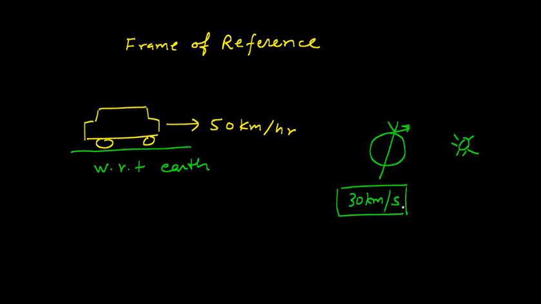Just make a note. So if you are at the Sun or close to that, your speed will not appear as 50. Rather, the speed of the car will be 50 plus this 30 km per second.